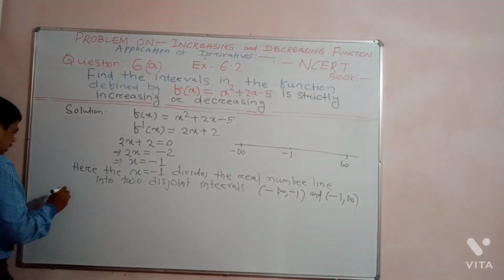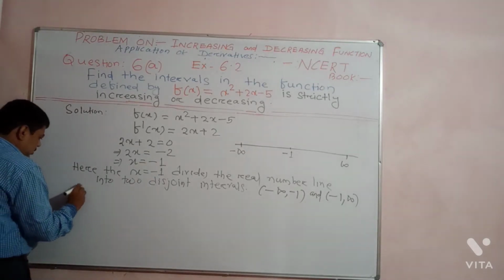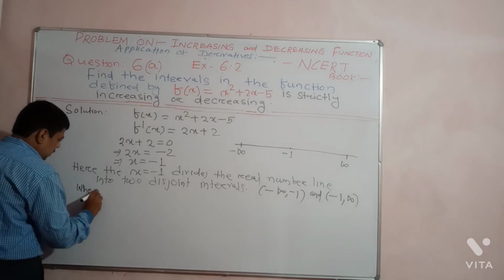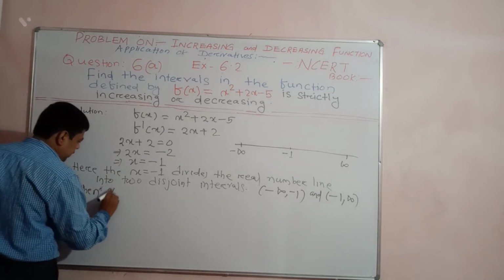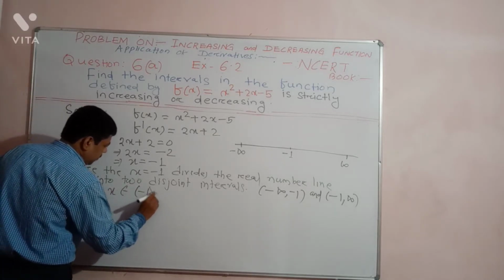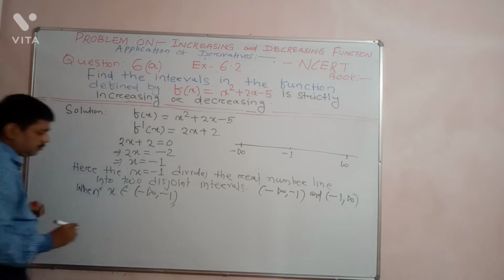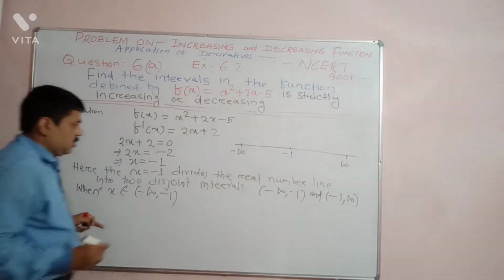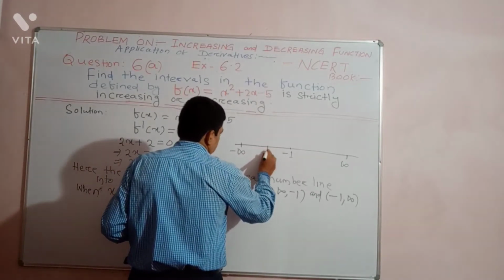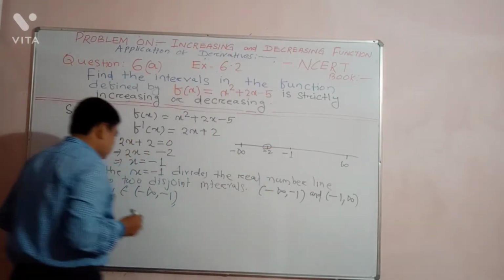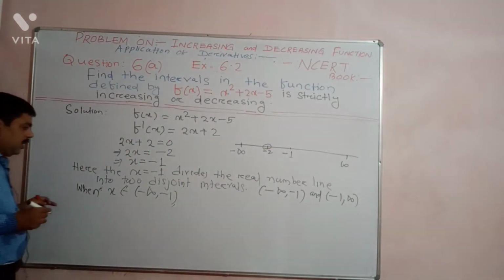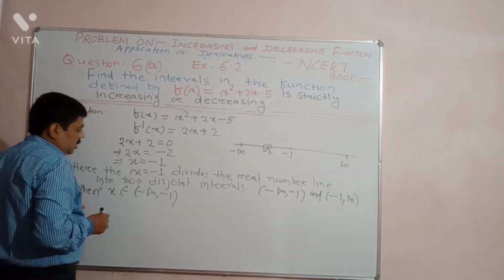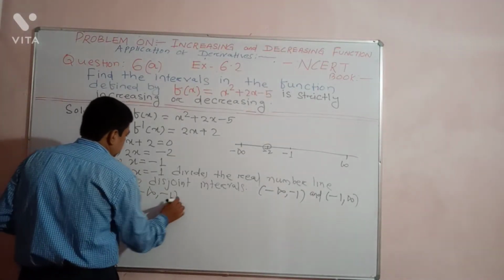Now when the domain of the function lies in the interval minus infinity to minus 1, let us take any value in this interval, suppose x is equal to minus 2.